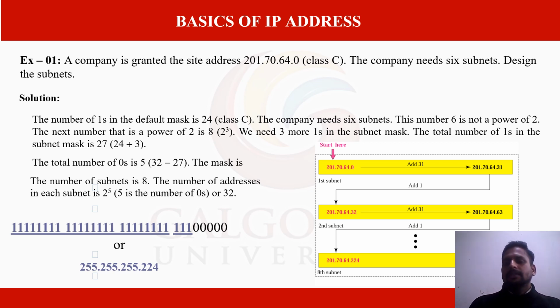So it is not 6. The very close number is 8, because we cannot go with 2 power 2, since it is 4, but the company needs 6. So we go with 2 more, no problem. The next power of 2 is 2 power 3, so we need to borrow 3 more bits from our host bits.